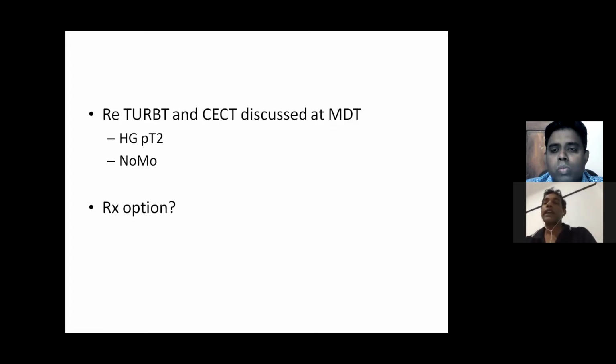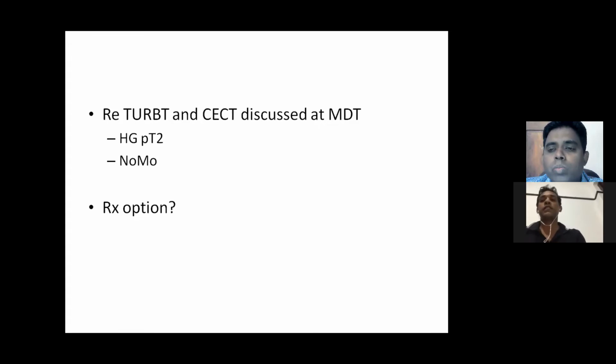trial. And so do you prefer radical radiotherapy or surgery in this 63-year-old man who also has moderate hydronephrosis and hydroureter? Which treatment option do you prefer?